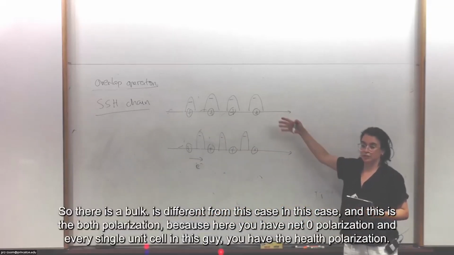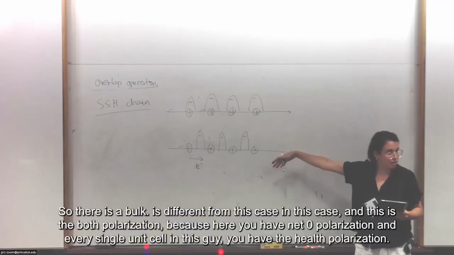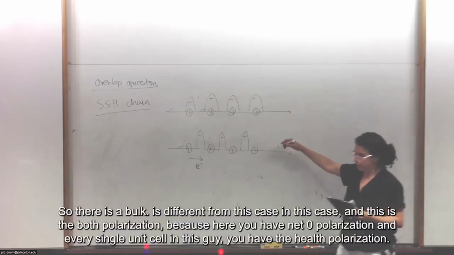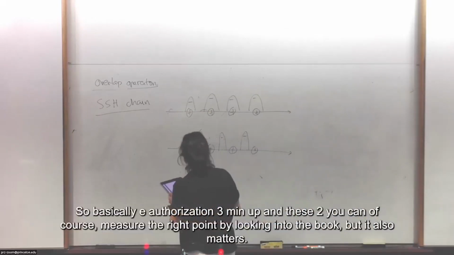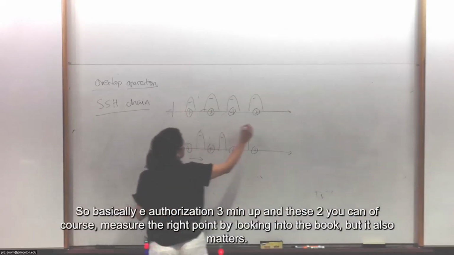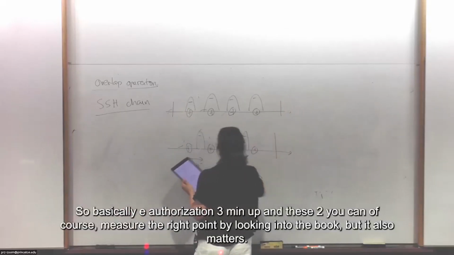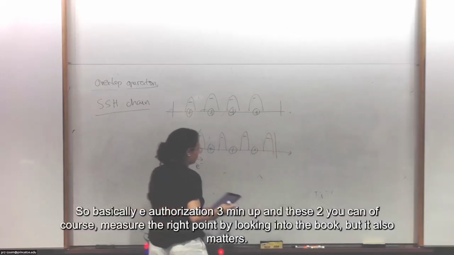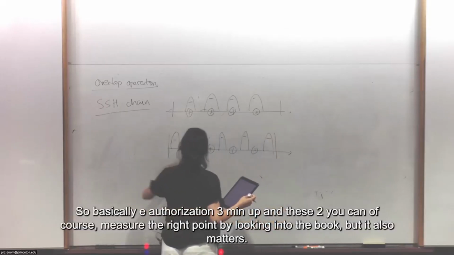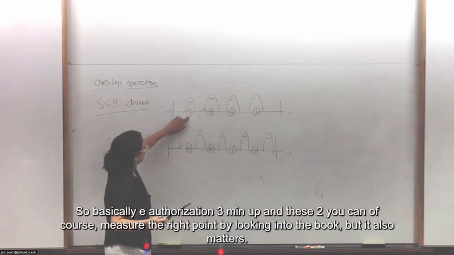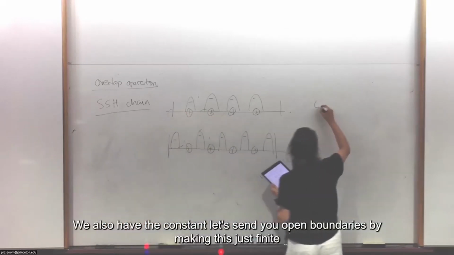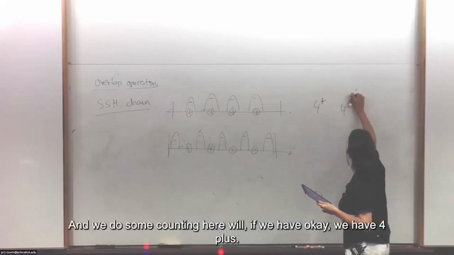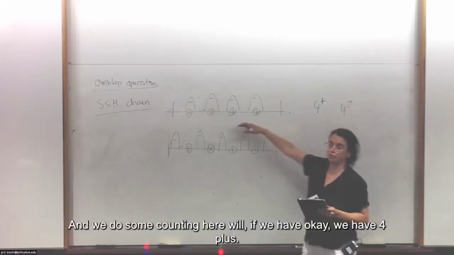These two you can of course measure directly by looking into the bulk, but it also matters. It also has consequences when you open boundaries. So if you now consider opening the boundaries by making this chain finite, and we do some counting: here we have 4 pluses, and we should put on top 4 electrons, 4 minuses, in order to get charge neutrality.